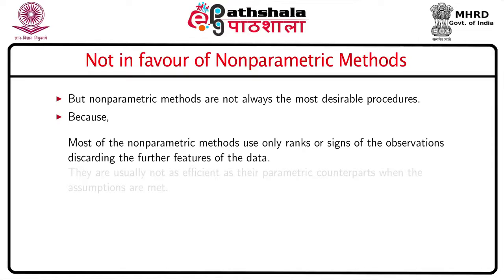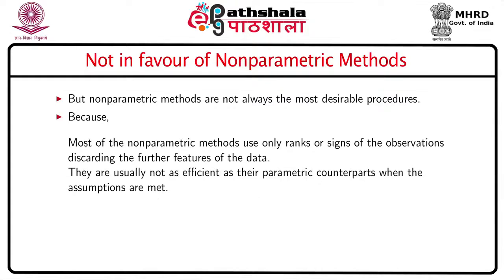Only the sign of the observations is considered, the magnitude is ignored, so there is a loss of information. Secondly, they are usually not as efficient as their parametric counterparts when the assumptions hold. If it is known that the underlying distribution is normal and we use a t-test, then the t-test is the most efficient, even if there are some non-parametric methods for this problem.